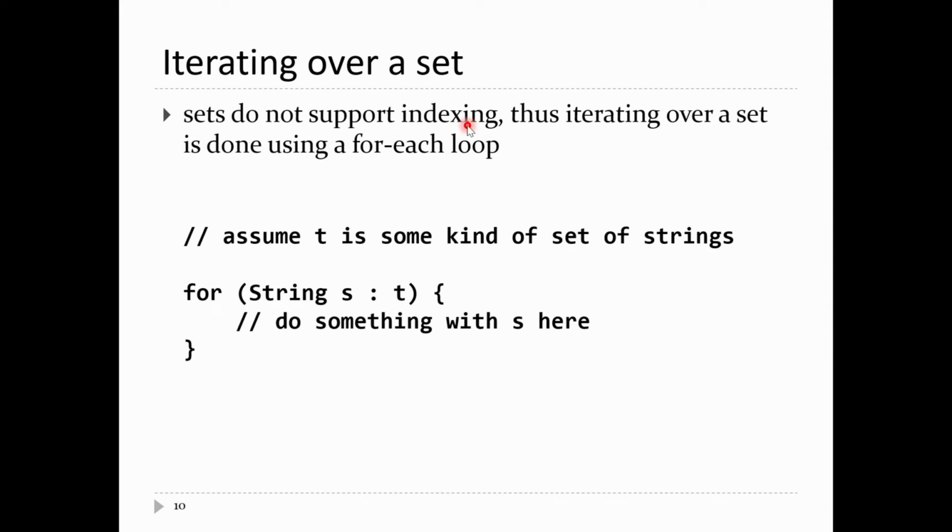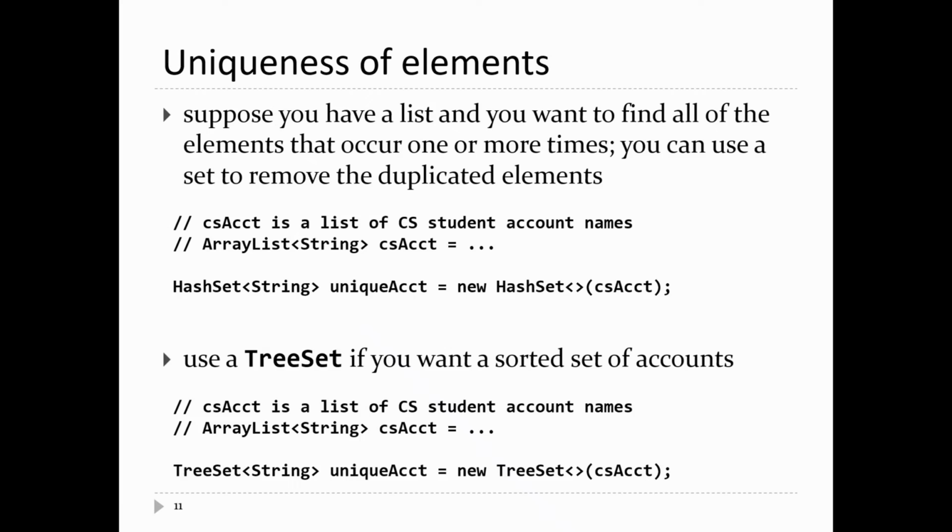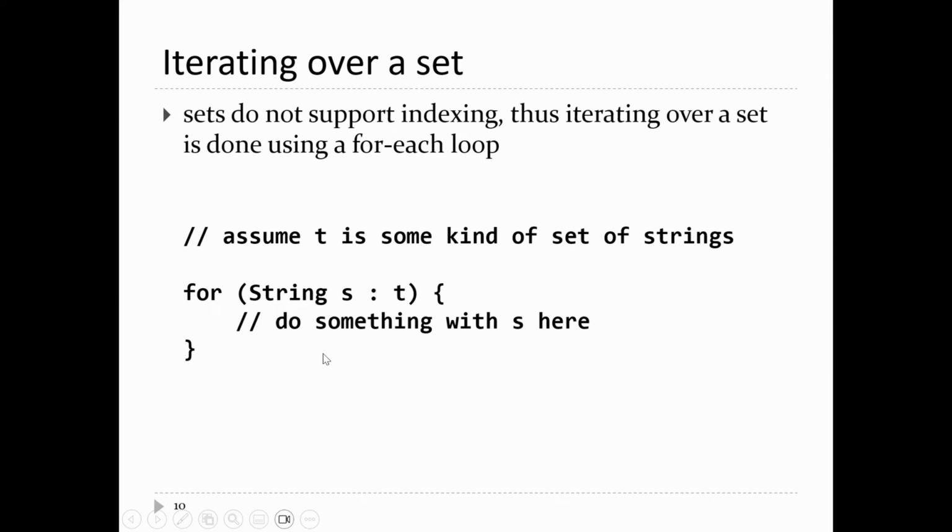If you want to iterate over the set, though, you can just use a for each loop. You can't use a counting style loop, because the index isn't used by the set. There is no indexing in a set. So typically you use either a for each loop, or you use something called an iterator. And we'll talk about iterators later in the course.